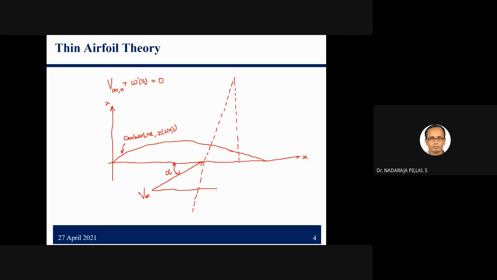If I write a parallel to x, then this becomes alpha. And if I want to have a 90-degree here, I can draw this, and we need to calculate this angle, and here this angle needs to be calculated.